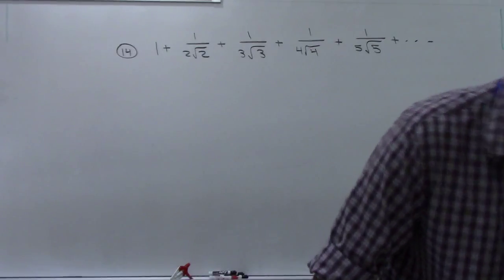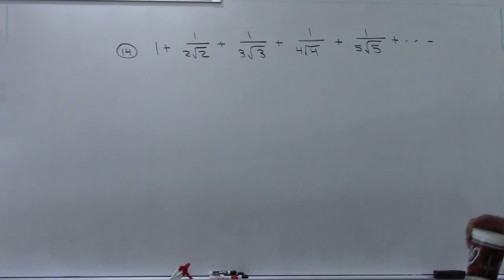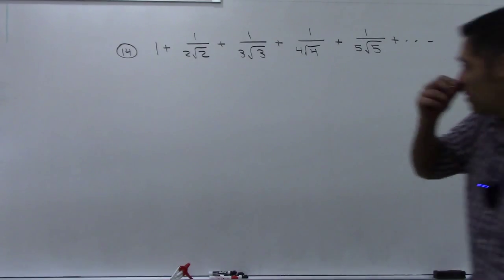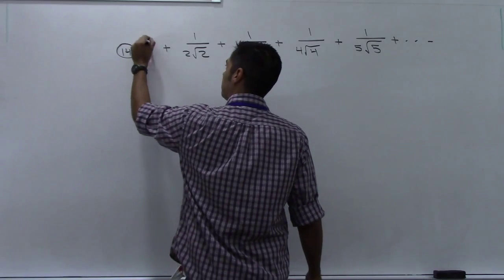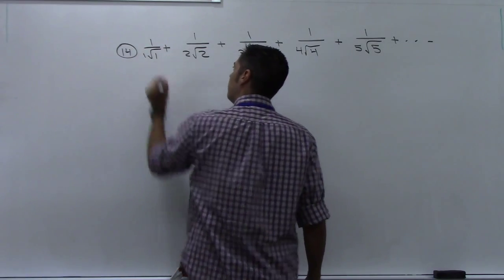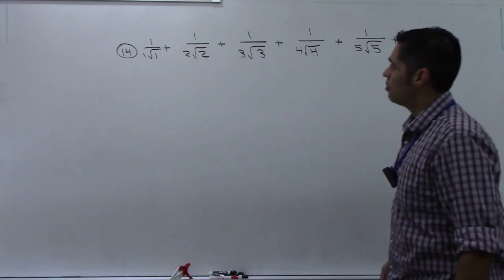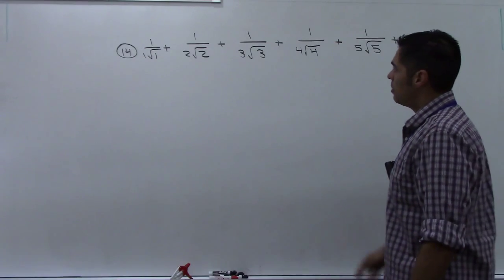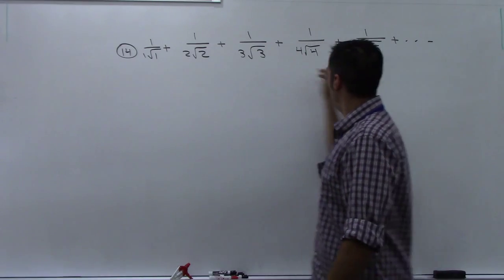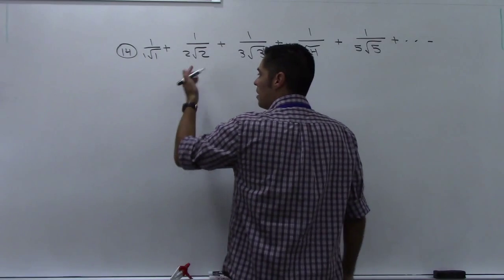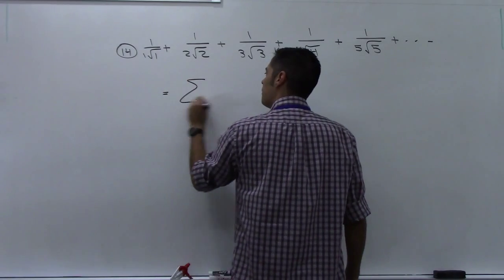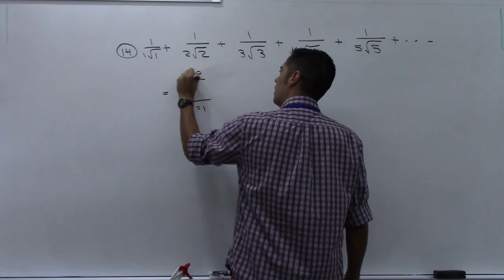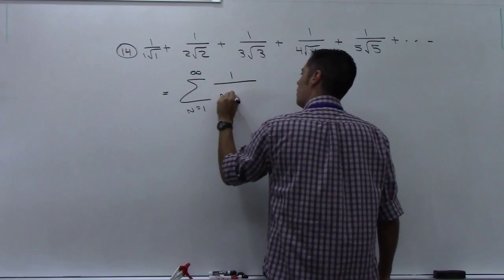If I didn't, sorry. All right, well, that first one looks to me like 1/1√1, 1/2√2, 1/3√3. So it looks like I just keep on going up, 1, 2, 3, 4, 5, and it's just the number times the root. So sum n equals 1 to infinity, 1/n root n.